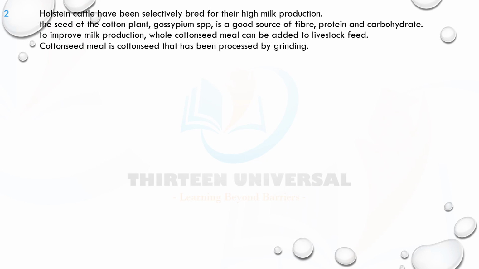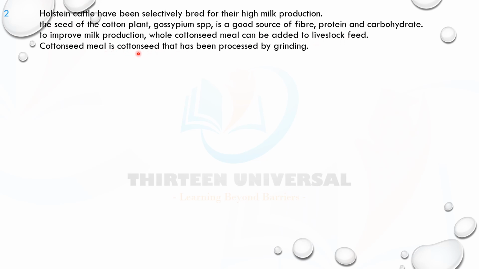Let's run, guys. Holstein cattle have been selectively bred for their high milk production. We're dealing with evaluation more now. The seed of the cotton plant, Gossypium species, is a good source of fiber, protein, and carbohydrate. Just pay attention to this. To improve milk production, whole cottonseed meal can be added to livestock feed.